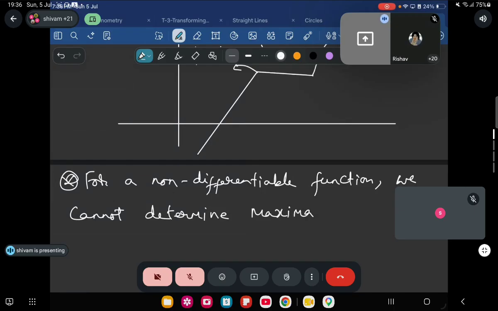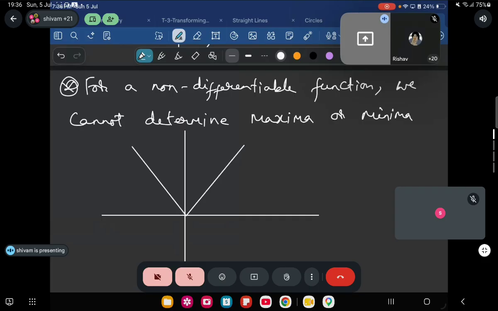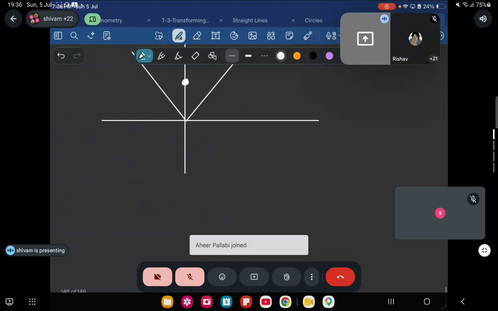It is already done in monotonicity. Do you remember? I gave some examples. I did these graphs, and I was asking whether it contains maxima or minima. Tell me, over here we have maxima or minima? Raise your hand. Yes, Madhurya, tell me. Maxima. Okay, do people remember? So I'm not discussing it once again.